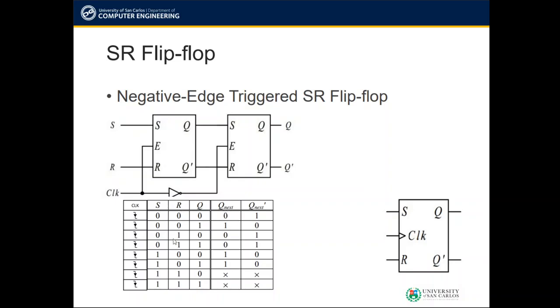If the SR value at a certain edge of your clock is 0, 1, whether the Q value is 0 or 1, it resets the value to 0.